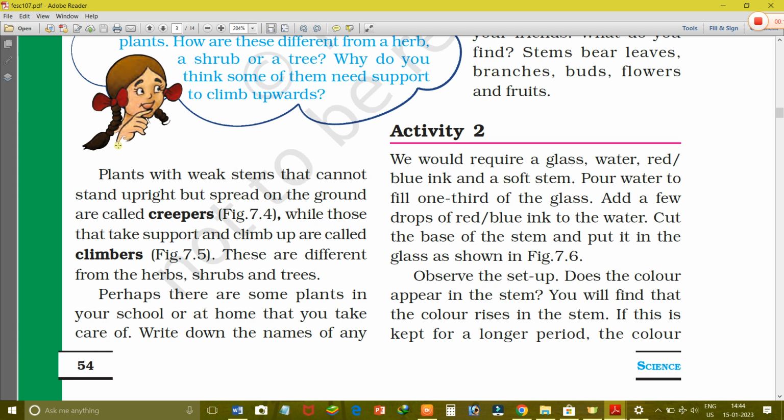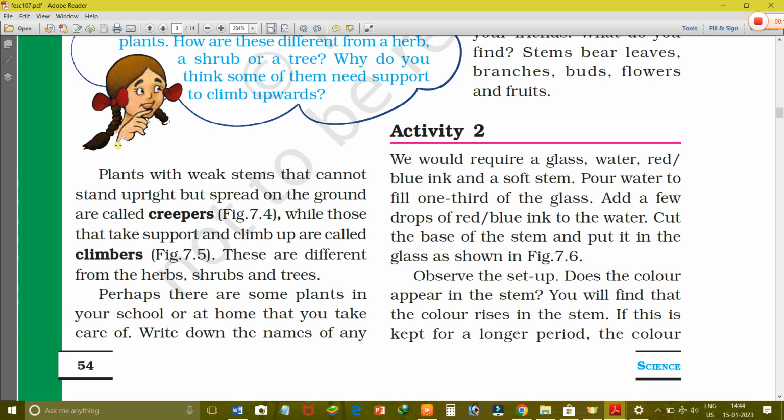Cut the base of the stem and put it in the glass as shown in figure 7.6. Observe the setup. Does the color appear in the stem?